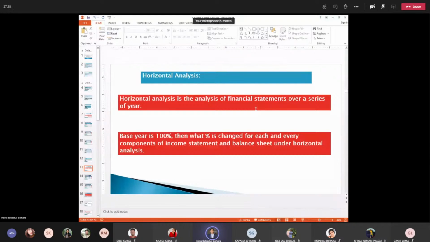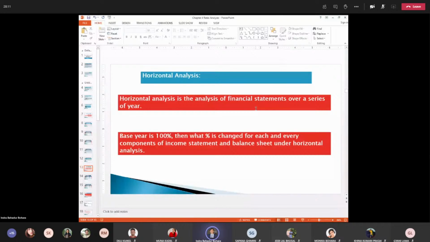Each and every component of the financial statements, not sales or total assets here, is assumed as 100% for the first year of the study period, or commencement period. Then what percentage has changed for each component of the income statement or balance sheet in different periods is calculated and analyzed.